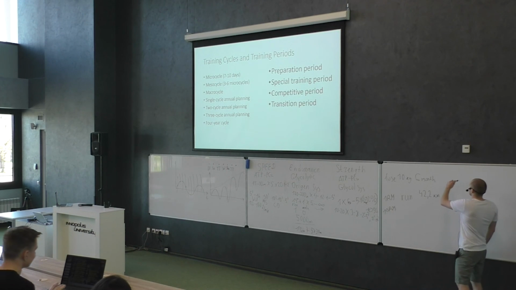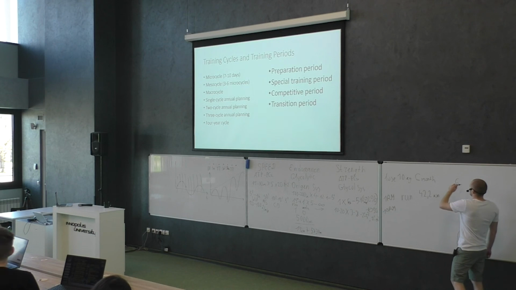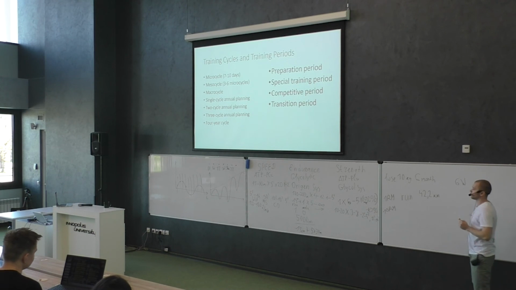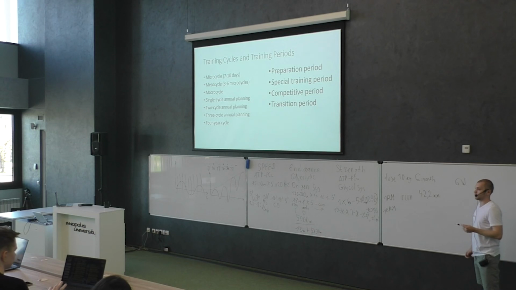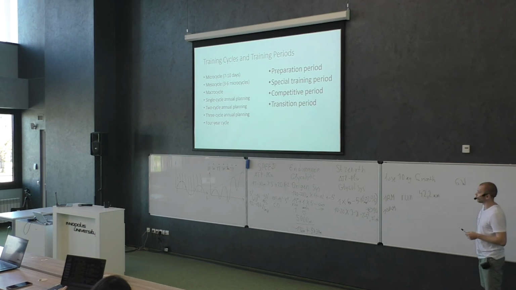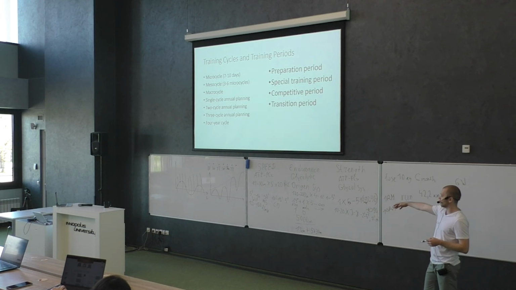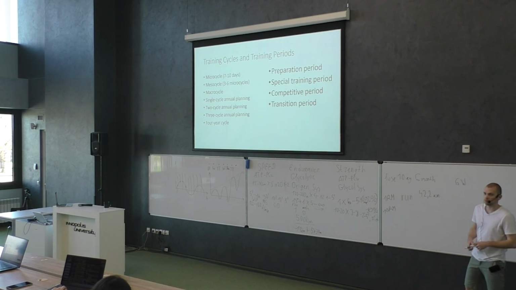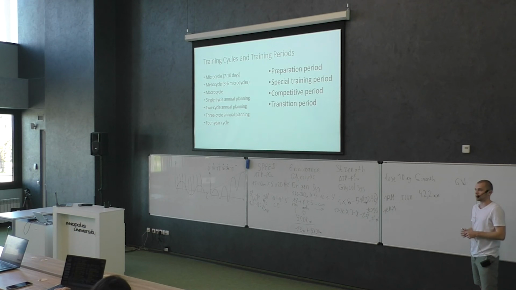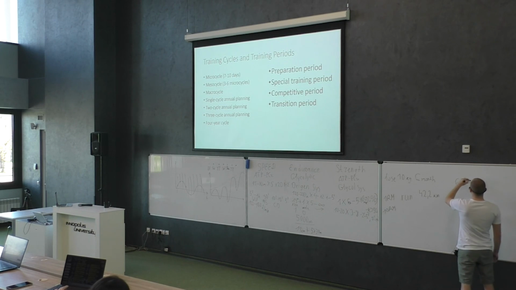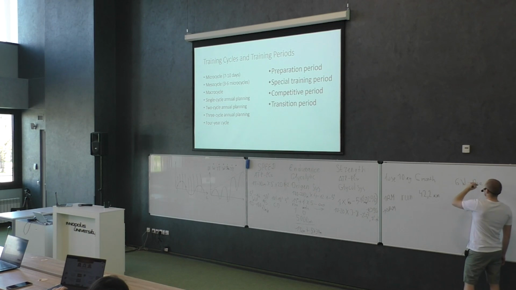It can be, for example, 6 weeks. During these 6 weeks, you can do low intensity oxygen work. You can just run 10, 15, 20 kilometers to take a big volume. That, for example, will be the preparation period.